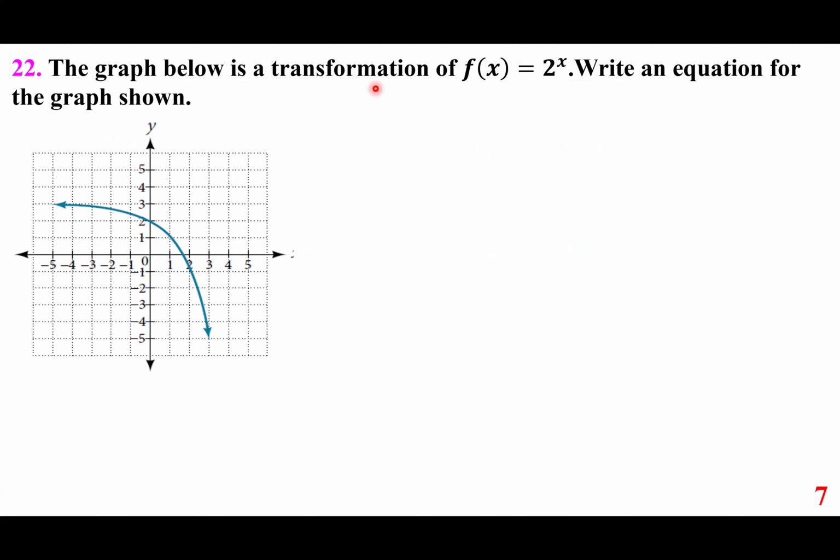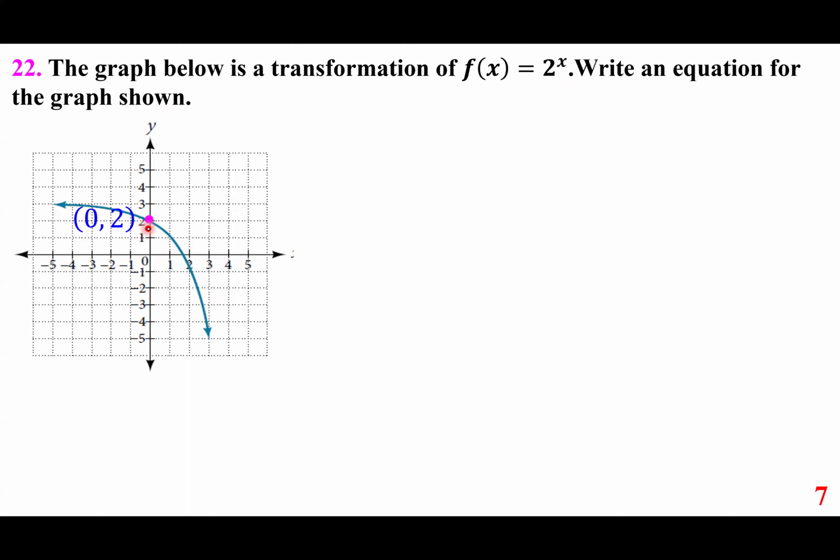The graph below is a transformation of f(x) = 2^x. Write an equation for the graph shown. So as I said, this is considered an elementary function. We should know the graph. And we should see the transformation. For example, this one seems to have a y-intercept at (0, 2).